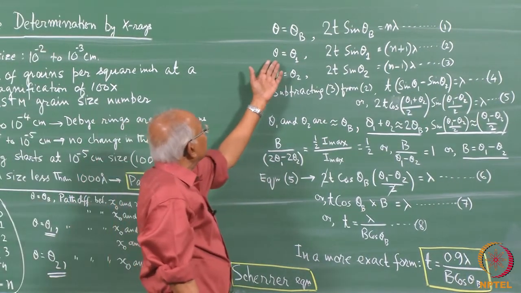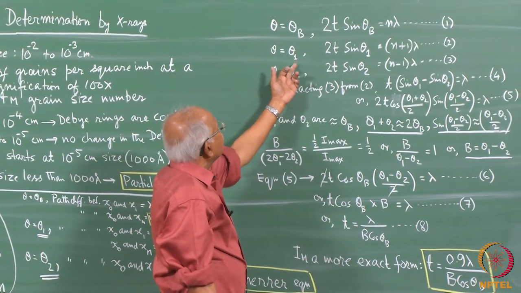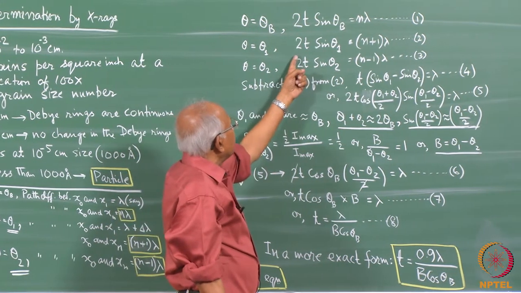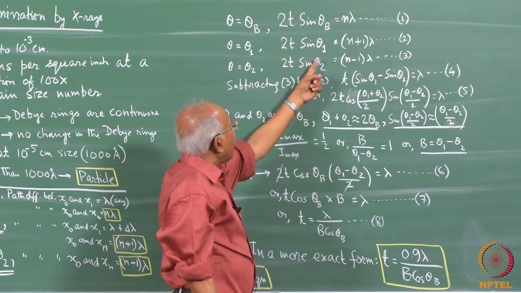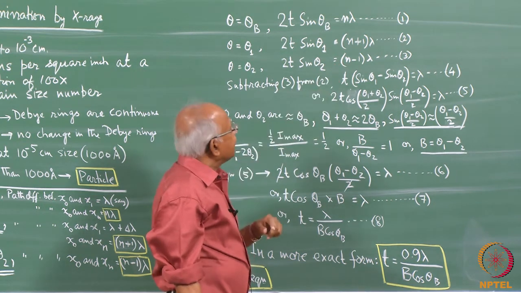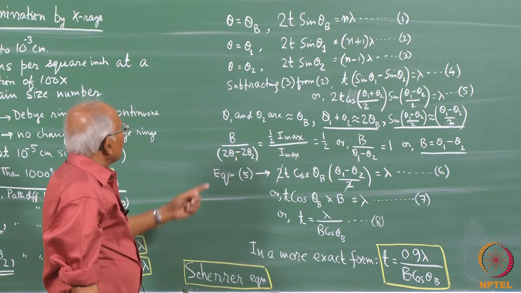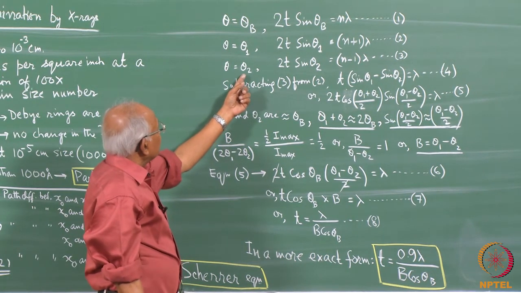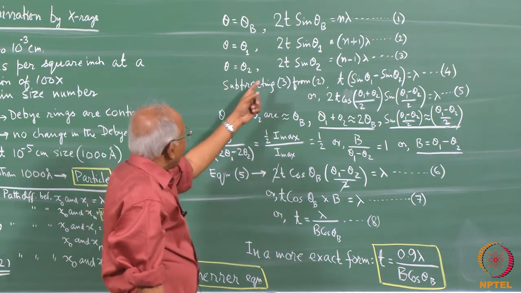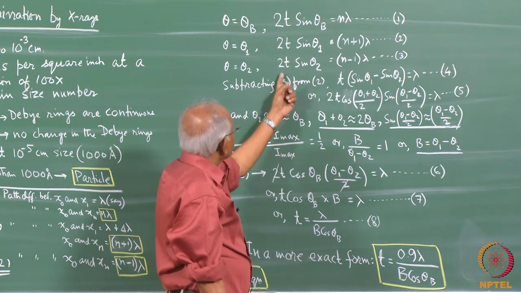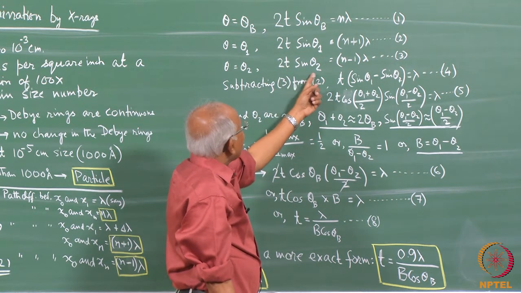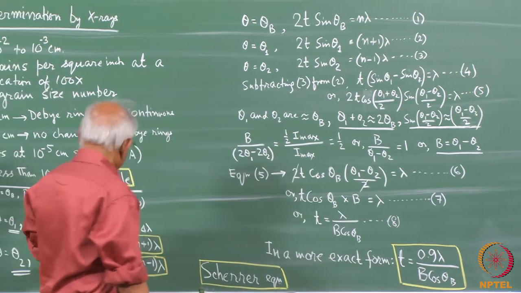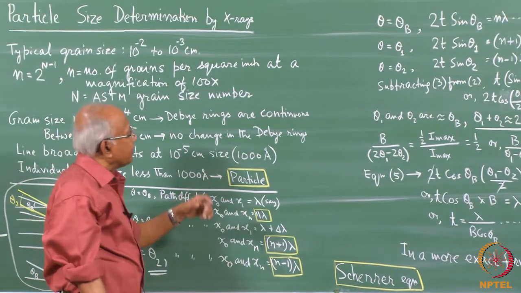And when theta is theta 1, where theta 1 is slightly larger than theta b, the corresponding equation will be 2t sin theta 1 equal to n plus 1 times lambda. When theta is theta 2, where theta 2 is slightly smaller than theta b, the whole equation can be written as 2t sin theta 2 is equal to n minus 1 lambda. This is clear from what I have said already.